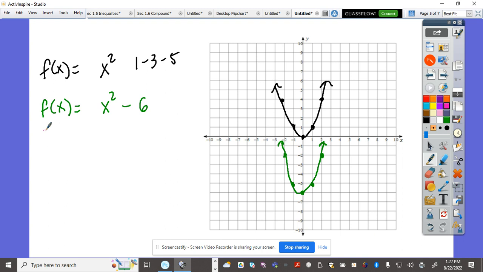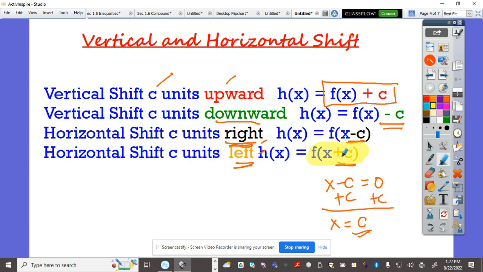Or if you have f of x equal to horizontal shifting, let's say (x plus 5) squared. If you notice, this is plus 5 inside the parenthesis. If it's a plus, we go to the left by the c unit.